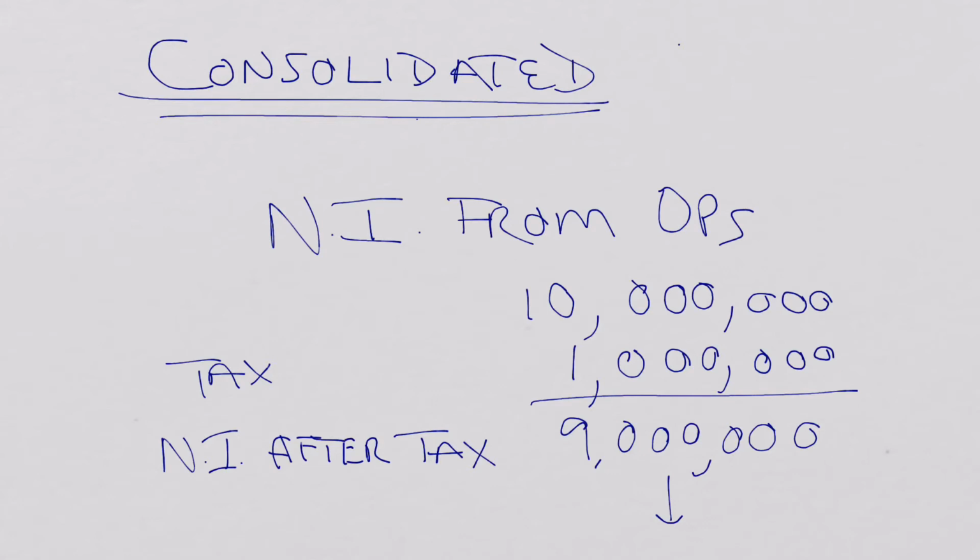So the consolidated statement is the main company plus all the companies they control. And so when they do that, they show all of the income from all the companies, even if they own them less than 100%, including the main company, the Nike parent company, in this number.